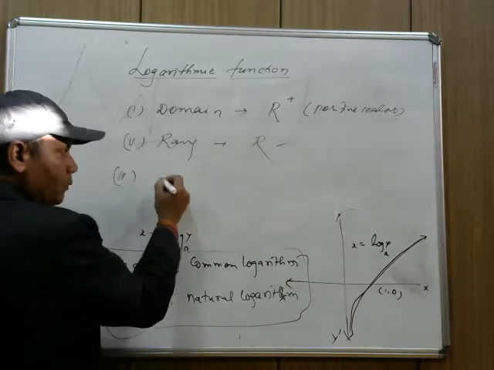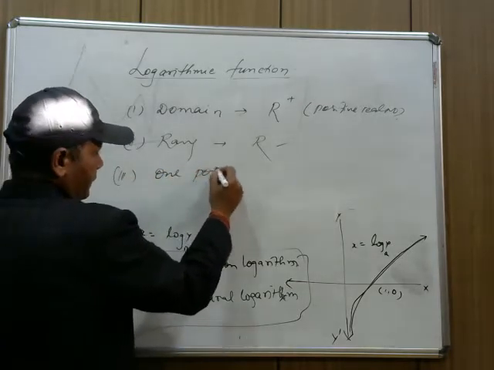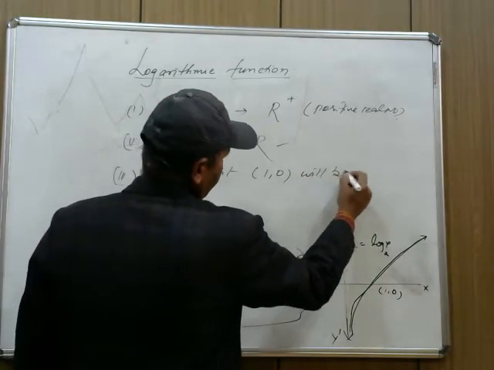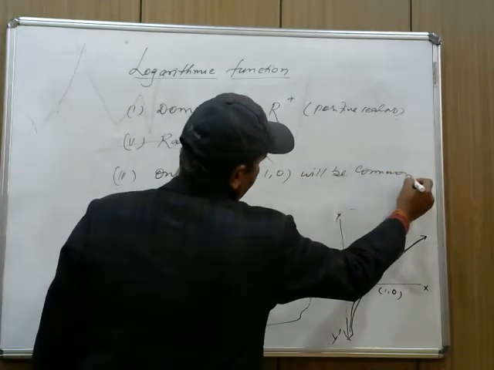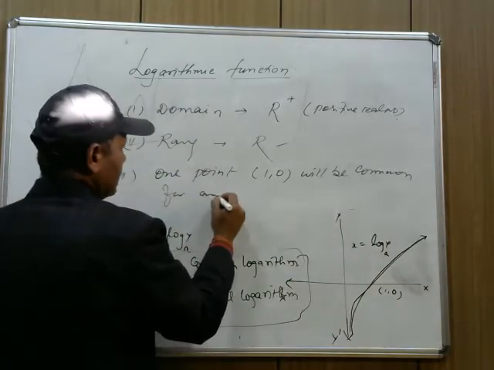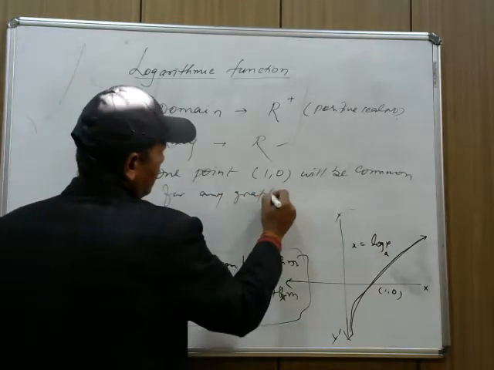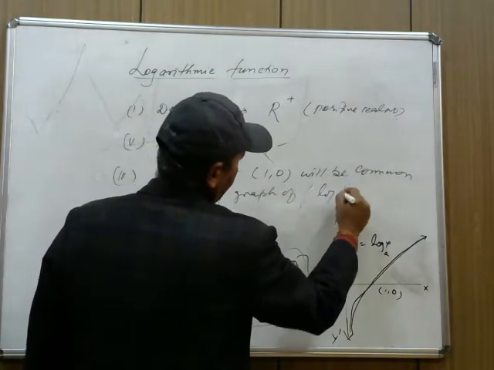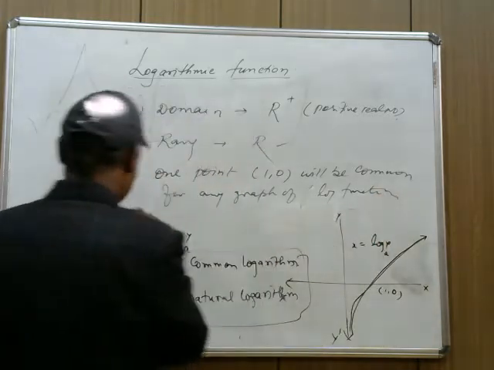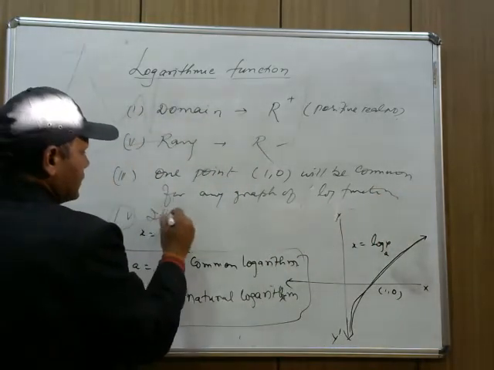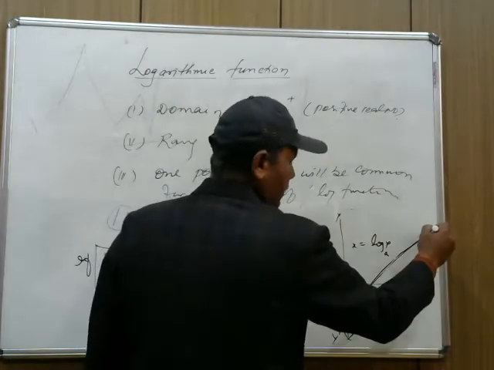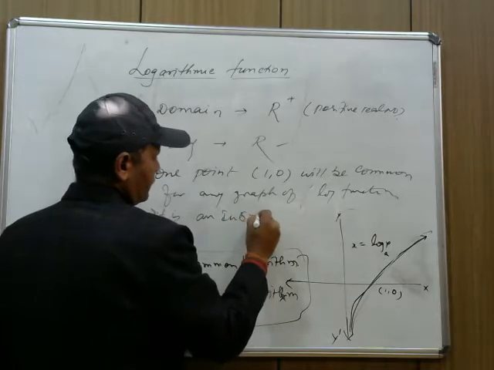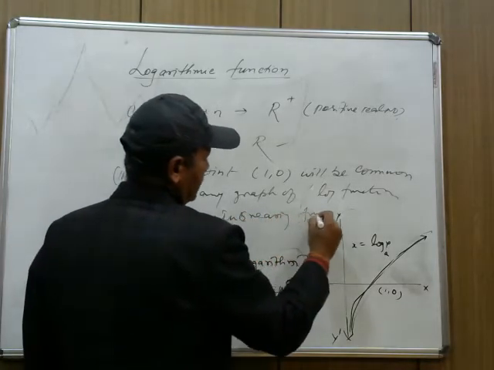Third, there will be one point, 1, comma 0, which will be common for any graph of a log function. Fourth, it is an increasing function.